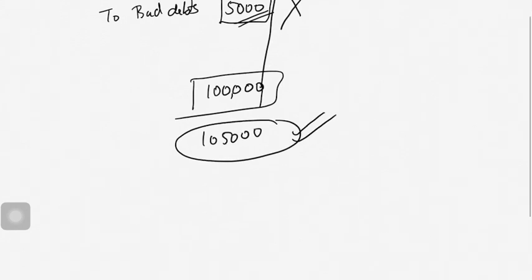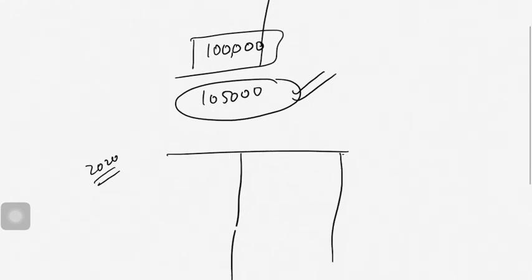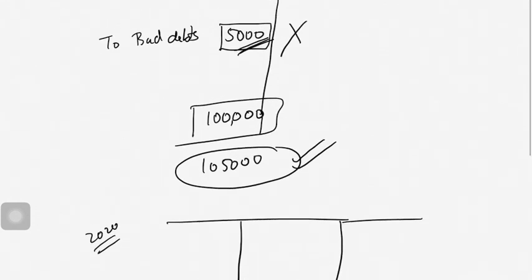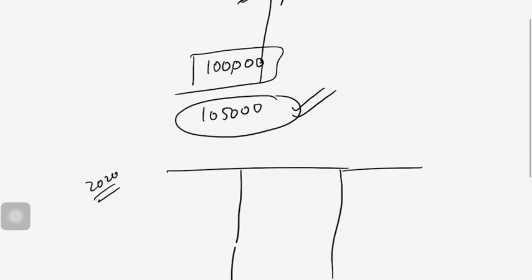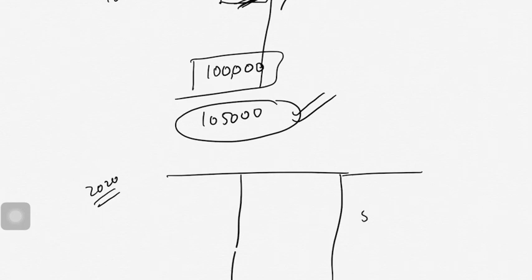Okay. After 1 year or 2 years, suppose in 2020, the debtor who was supposed to give you 5,000 and did not give you, gives you that 5,000. So in your next P&L, there is an income of 5,000. That is your bad debts recovered.